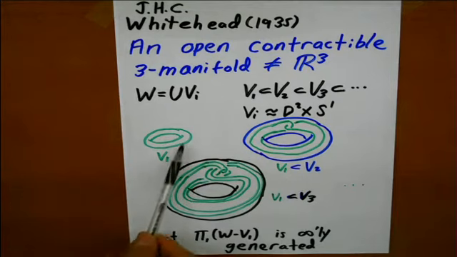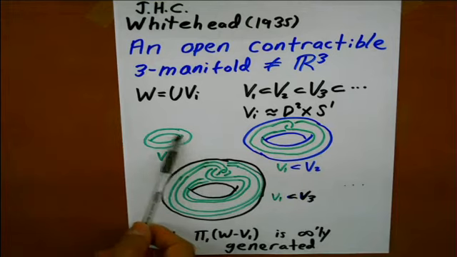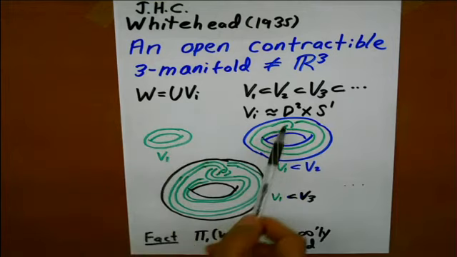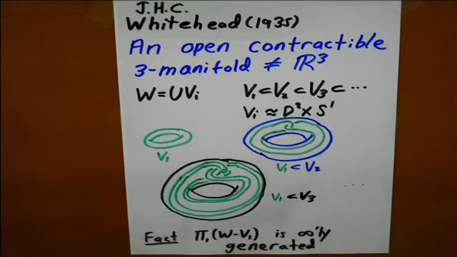The point is that the image of the first one is this curve, and you can see that the inclusion of the first solid torus in the second can be contracted in the second to a point. In general, the same holds for the inclusion of the nth in the (n+1)st.